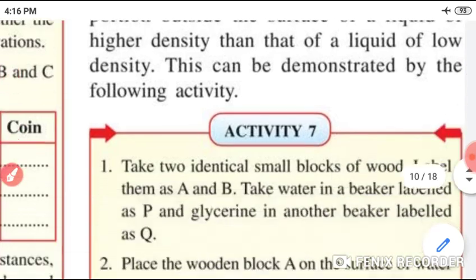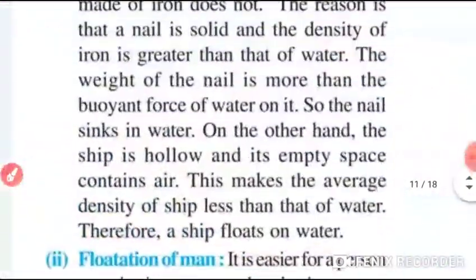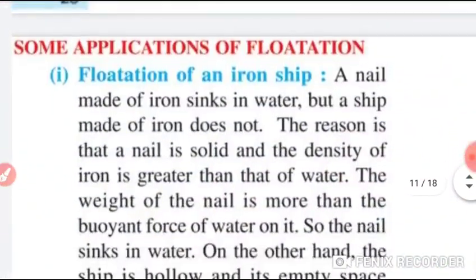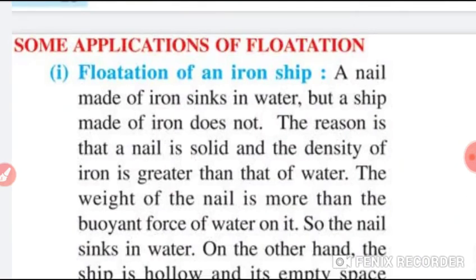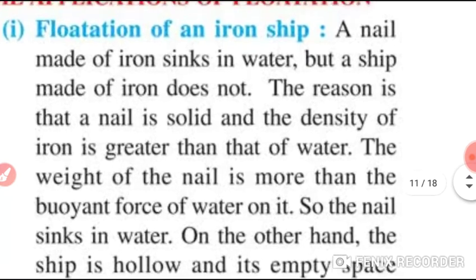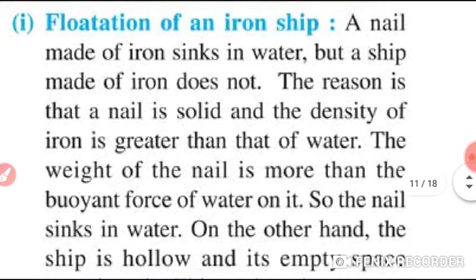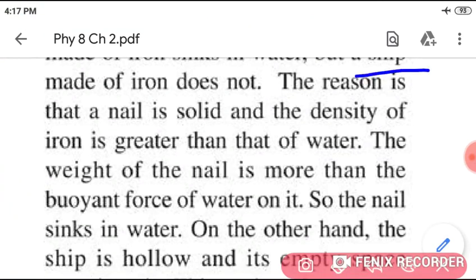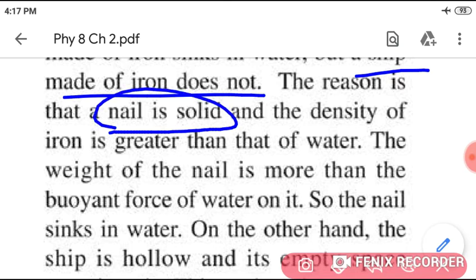So students, what are some applications of flotation? Let's see. What is the first? Flotation of iron ship. Students, a nail made of iron sinks in water, but a ship made of iron does not. Why? Because a nail is solid and the density of iron is greater than that of water.